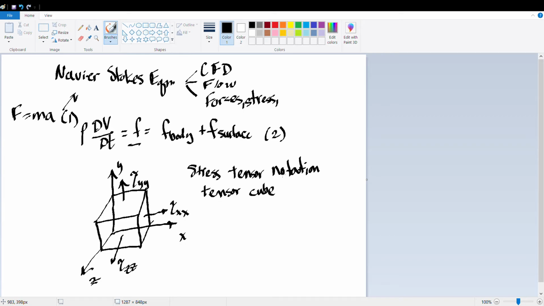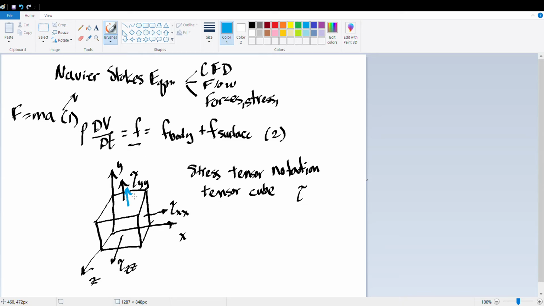Now the way we do this tensor notation is we'll say tau is the stress. The first index is the face that it is applied on. So for example, if we're looking at tau yy, this is the y face because it's basically normal to the y direction, right? Let me go ahead and just change the color over here.